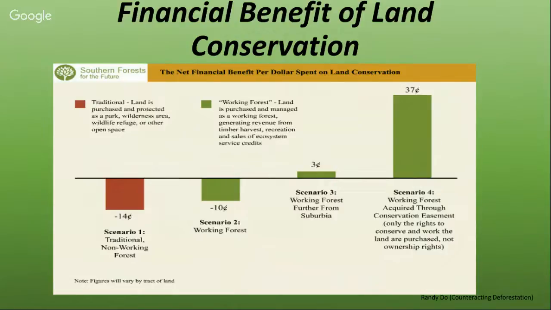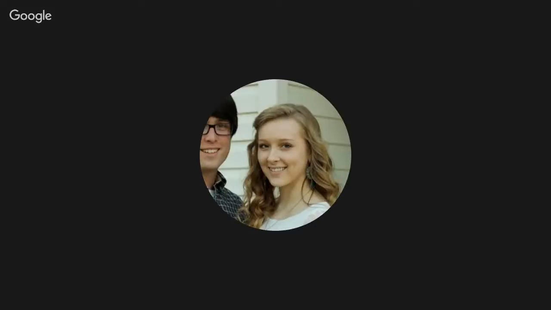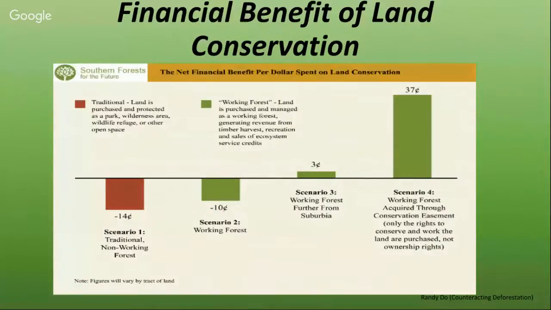And the green is working forest, in which land is purchased and managed as a working forest, generating revenue from timber harvest, recreation, and sales of ecosystem service credits.